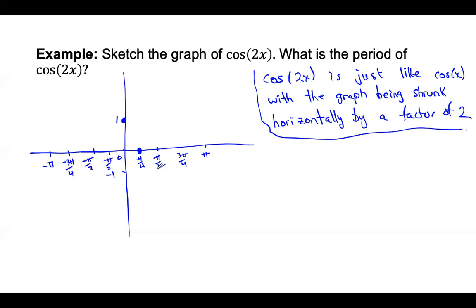And at this value, pi over 2 times 2 is pi, cos of pi, so this is -1. We can plot these points, and you see that it basically shrinks it. Then you get the idea.